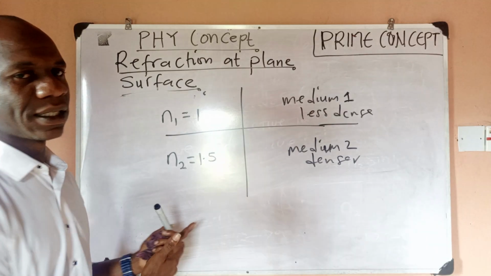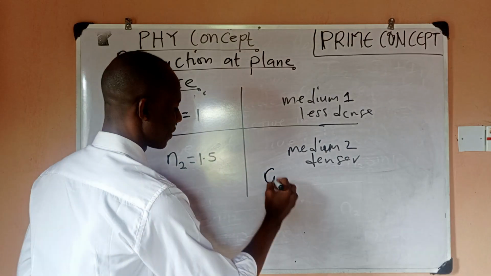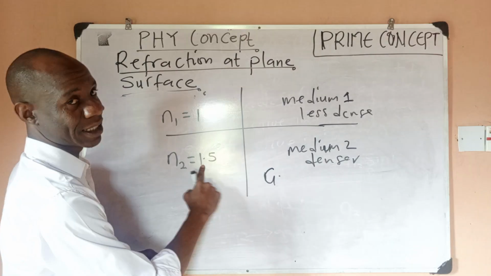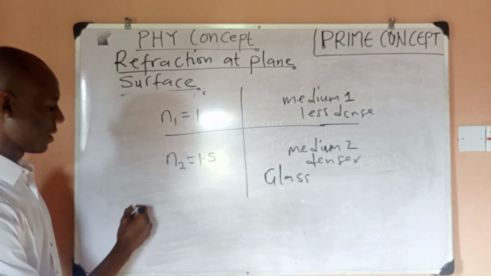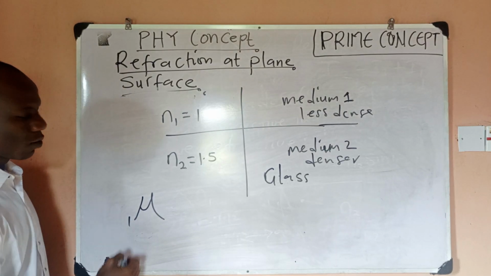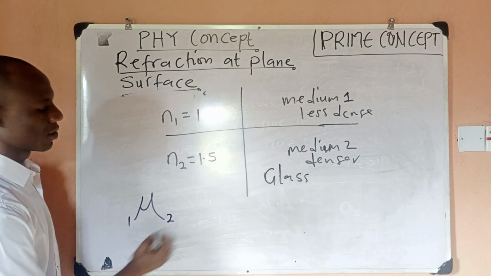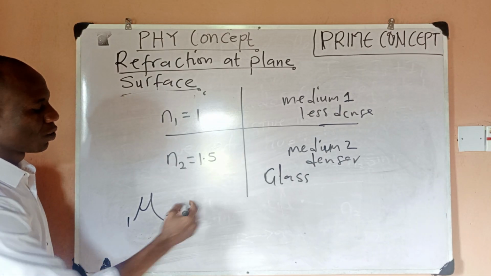So what is it going to be in this case? Say this is your glass, because you know that it is glass that has 1.5. So the relative refractive index, which is going to be the refractive index from medium 1 to the refractive index of medium 2, the relative refractive index of glass is going to be what now?